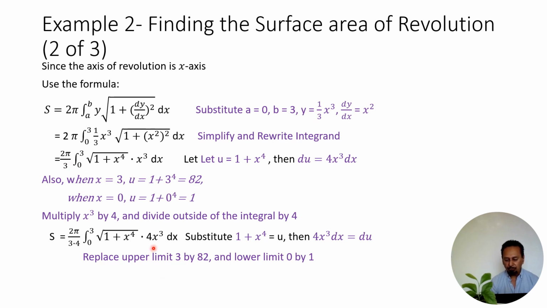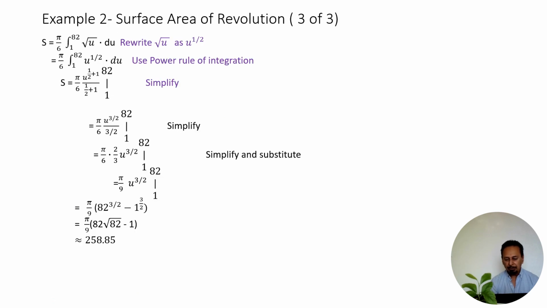Now we change 1 plus x to the 4 to u, and 4x cubed dx to du. And we replace the 3 with 82 and the 0 with 1, and we have this integral: S equals pi over 6 integral from 1 to 82 of the square root of u du.